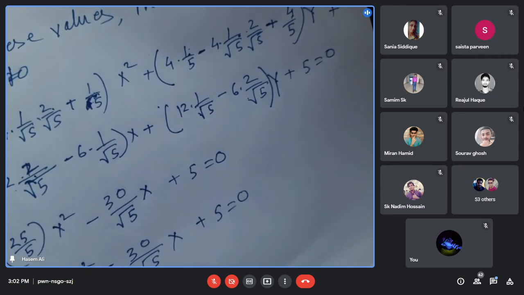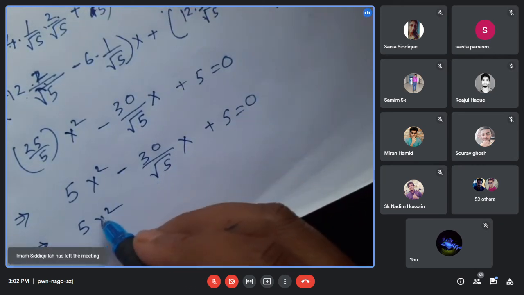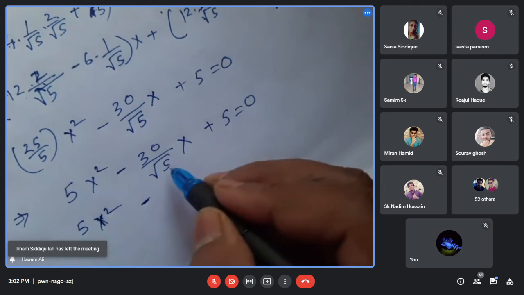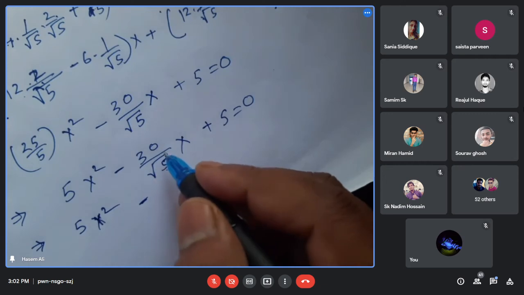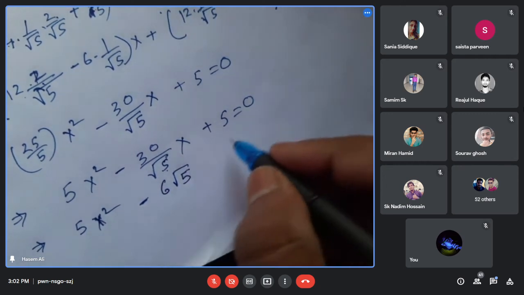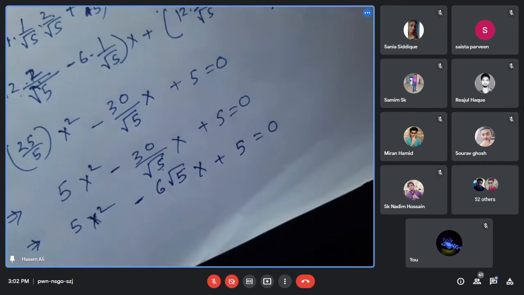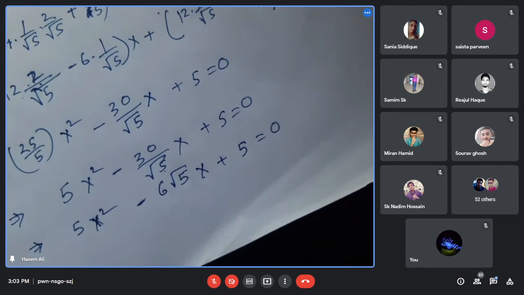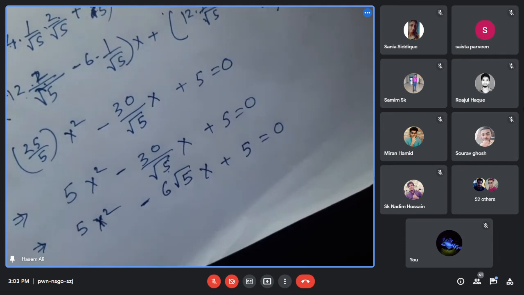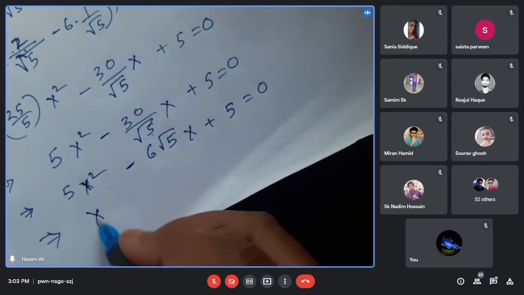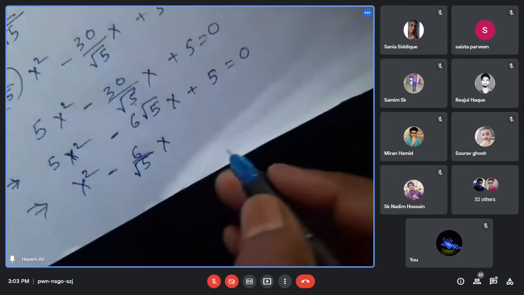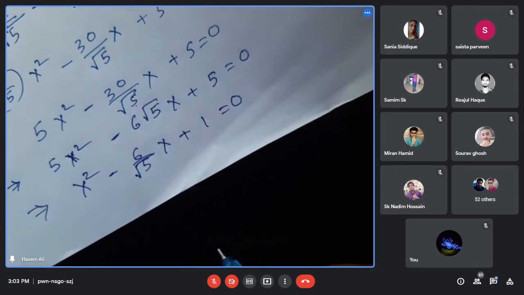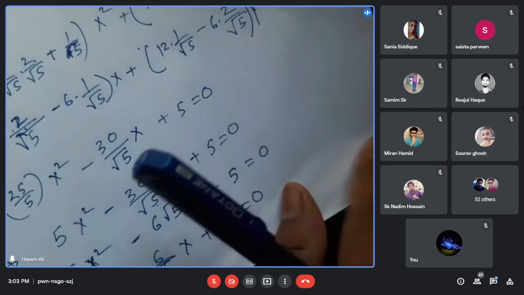Dividing by 5, we get x square minus 6 by root 5 into x plus 1 equals to 0.